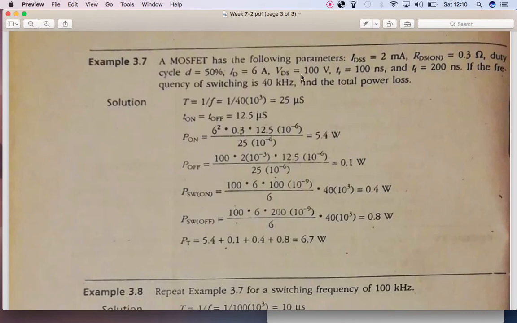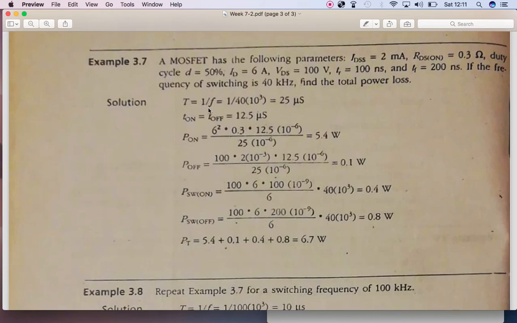We have the output voltage value given over here, and then we have the switching on and switching off time, which are also given to us, and we also have the frequency of operation. We are to calculate the total power loss, and for doing that we have to calculate the power loss during the on state, the off state, and the switching on and the switching off.